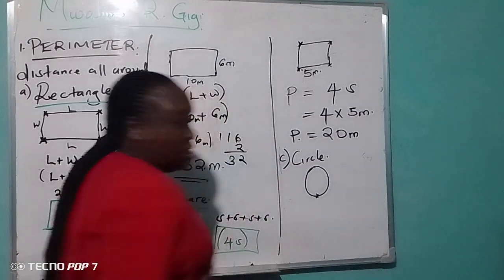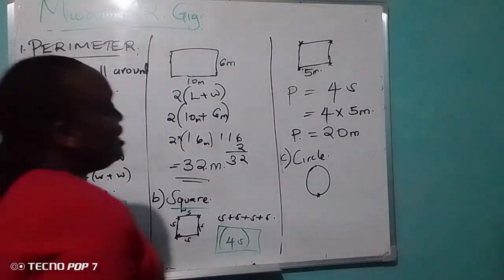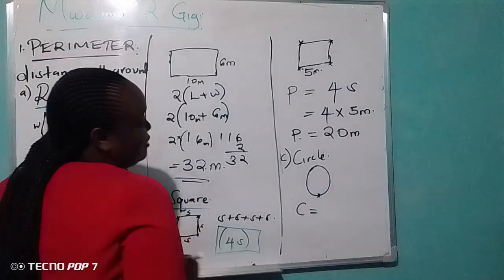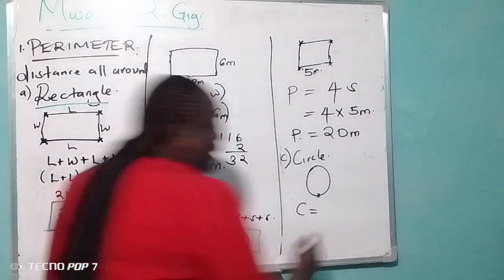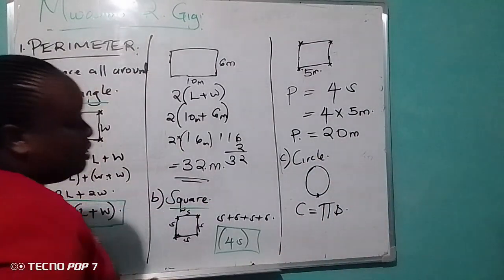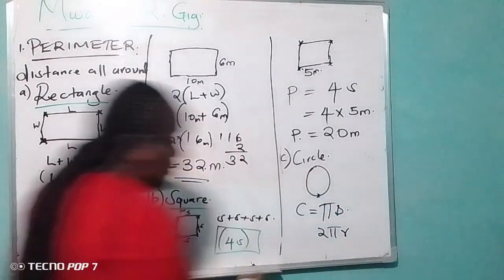Finding the circumference. So circumference is equals to pi d or 2 pi r. Sawa sawa.